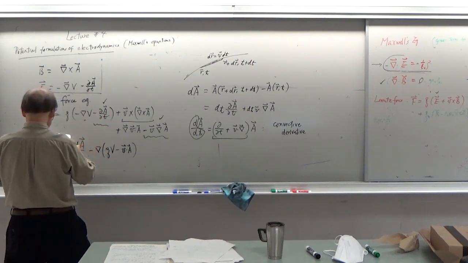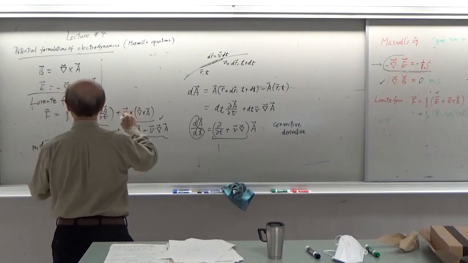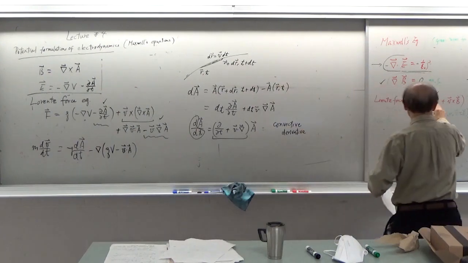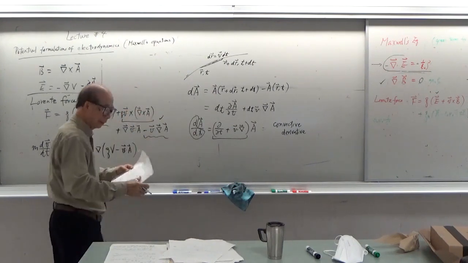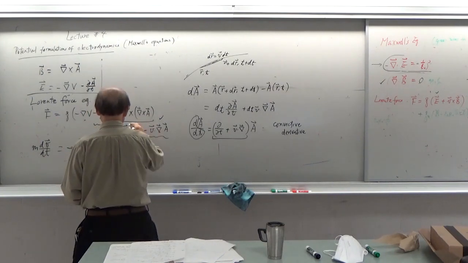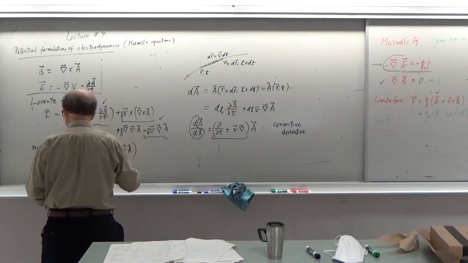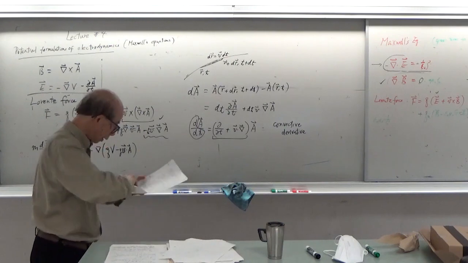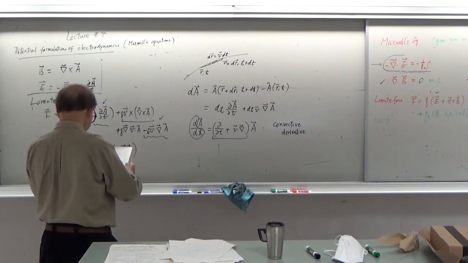How come this Q? Oh, I'm sorry, I was wrong. There's Q v cross B. So this is Q, this is Q. Have I taken care of all the mistakes? Okay, so this is minus Q, minus Q v, I think it's correct.